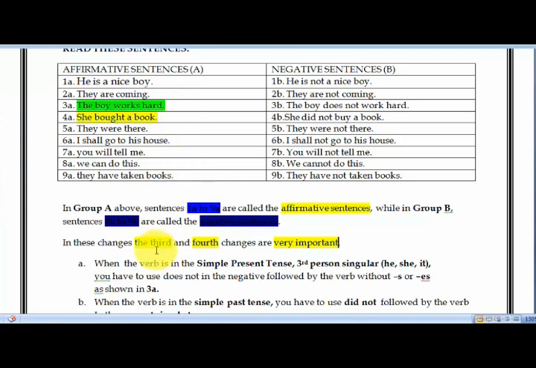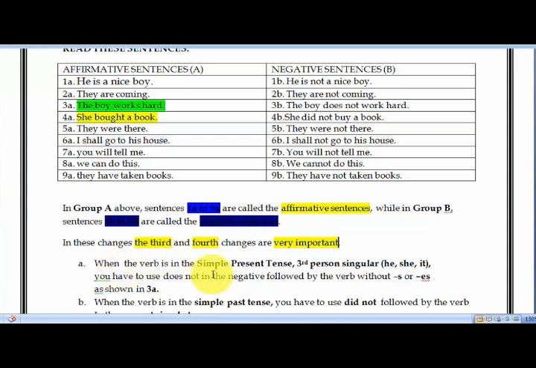When the verb is in the simple present tense, the rules I was following when I was doing 3a and 4a are the ones that I wrote here. So you have to recall this note that I've written there briefly. You have to remember it from time to time and read it.